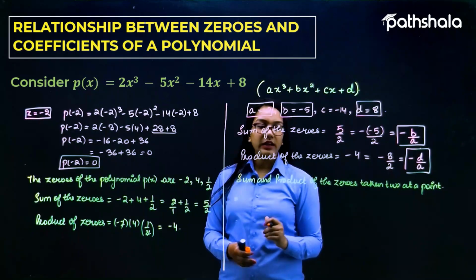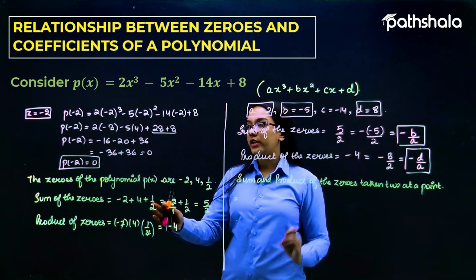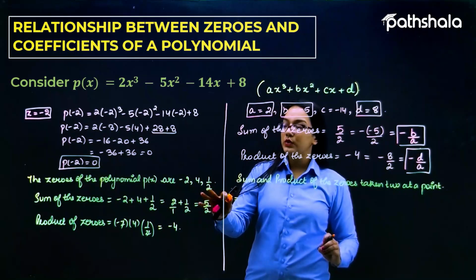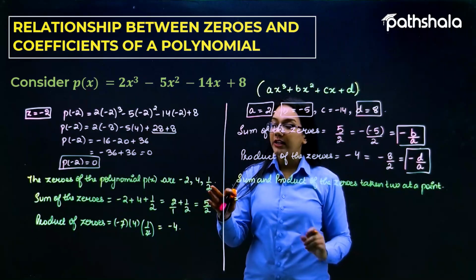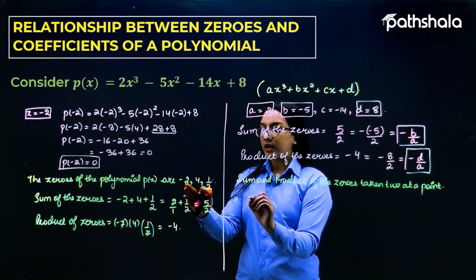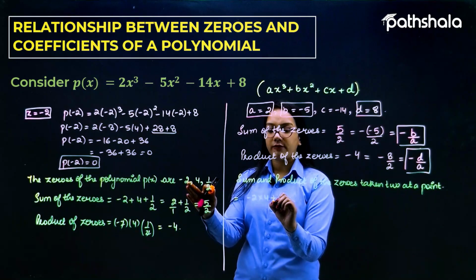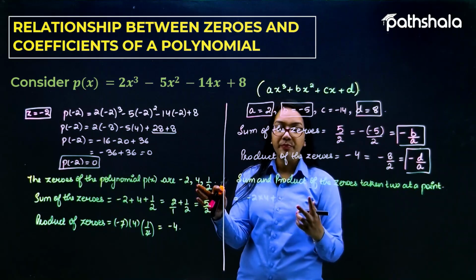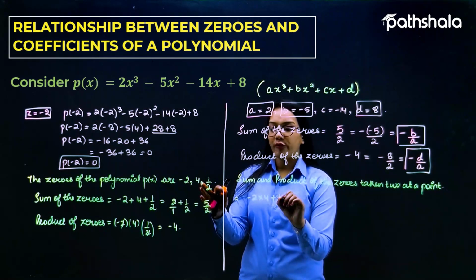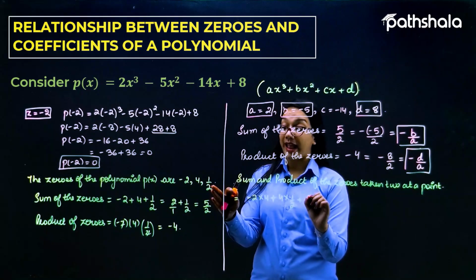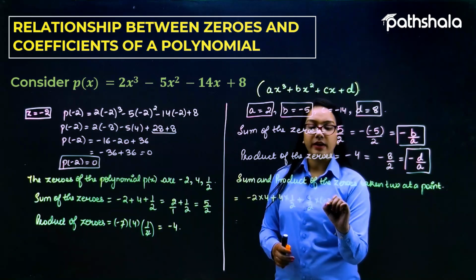So we have to take the zeros 2 at a time. Let us suppose we have the 3 zeros as minus 2, 4 and half. We are taking 2 at a time. So let us suppose I am starting with minus 2 and 4. So minus 2 into 4, their product, and after the addition with the other product of two zeros, 4 into half, plus again we can write half into minus 2.